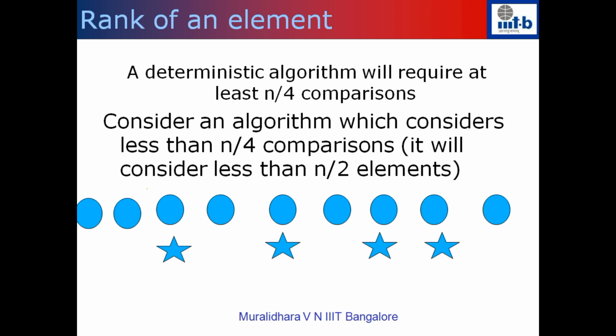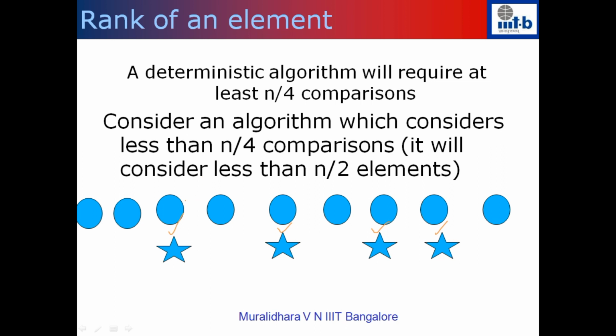Since the algorithm is deterministic, given a sequence of n numbers, well in advance I can know these are the fewer than n by 2 locations whose elements will be compared. The algorithm will look at these elements and give an element which is greater than the median.